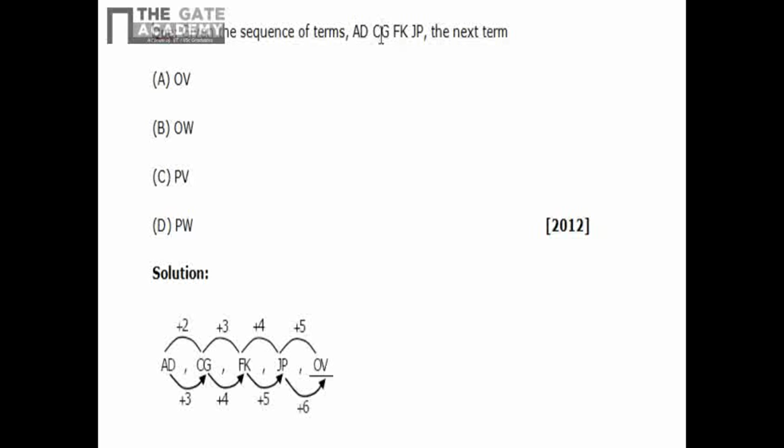A plus 2 is C, C plus 3 is F, F plus 4 is J. And if you take the second term, D, D plus 3 is G, G plus 4 is K, K plus 5 is P. That means every next term is obtained by addition of some number, and those additions are also in increasing order. So if you want to find the missing terms, J plus 5 is O and P plus 6 is V. So your answer will be O V.